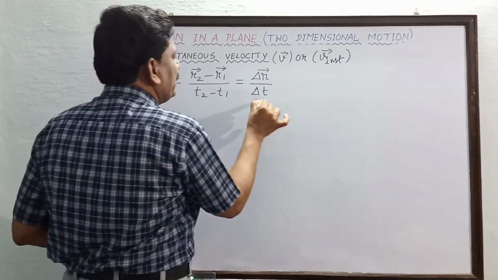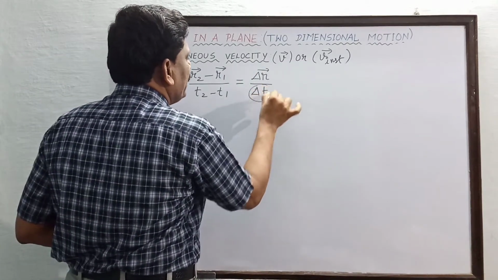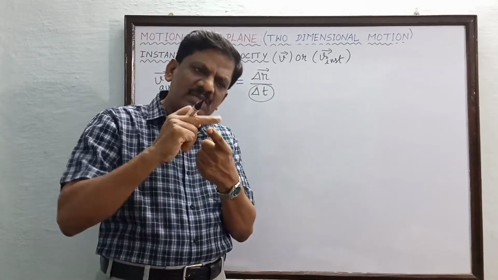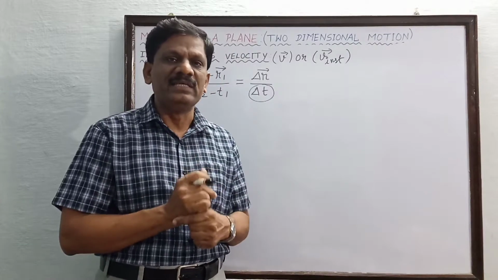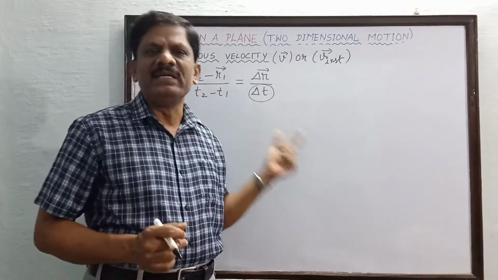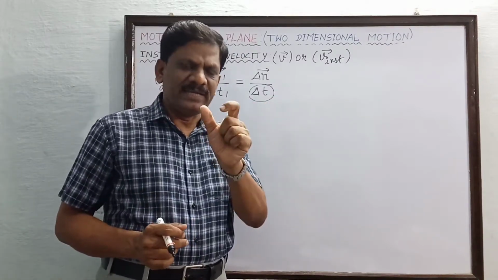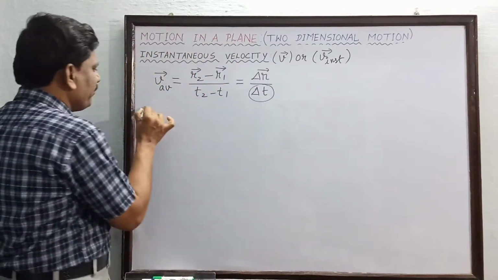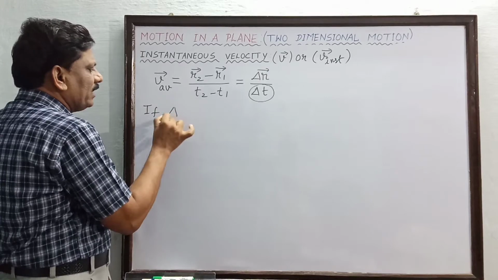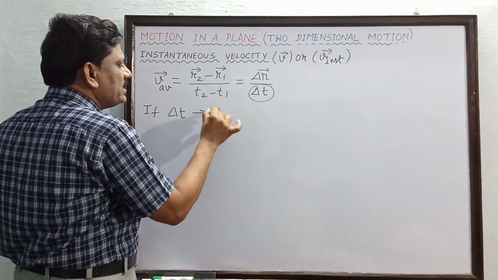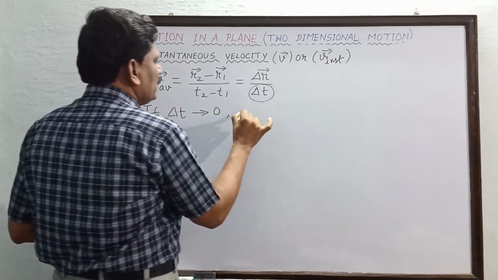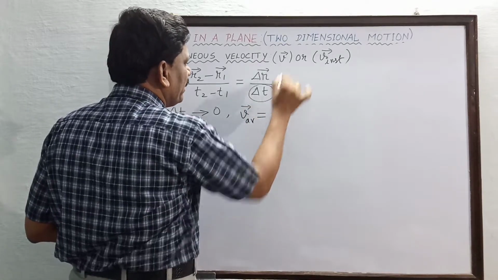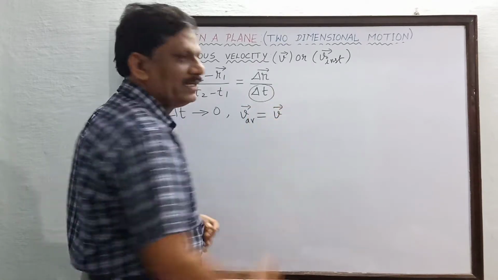Now if the denominator delta t is very small, between two very close time instants, that means this time interval approaches zero, that is if delta t approaches zero, then this average velocity can be called as instantaneous velocity.